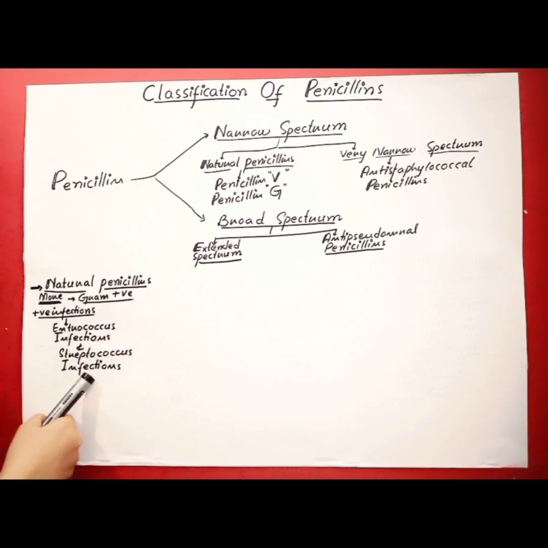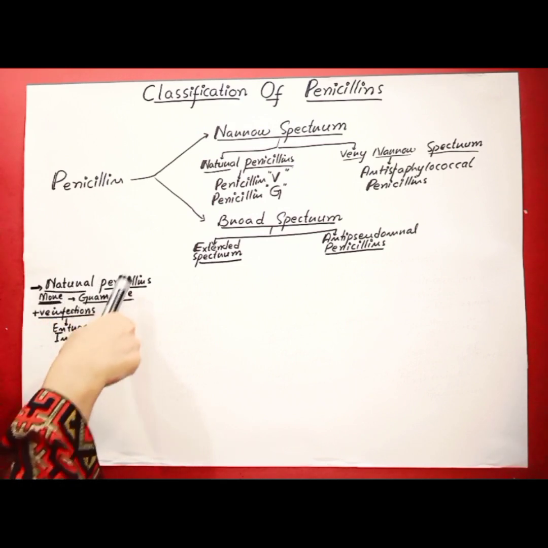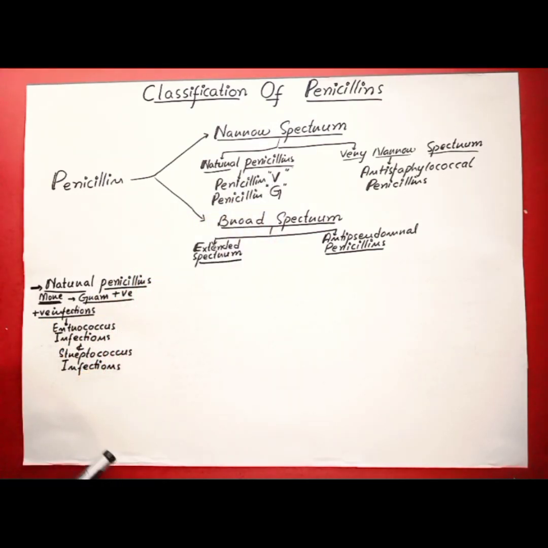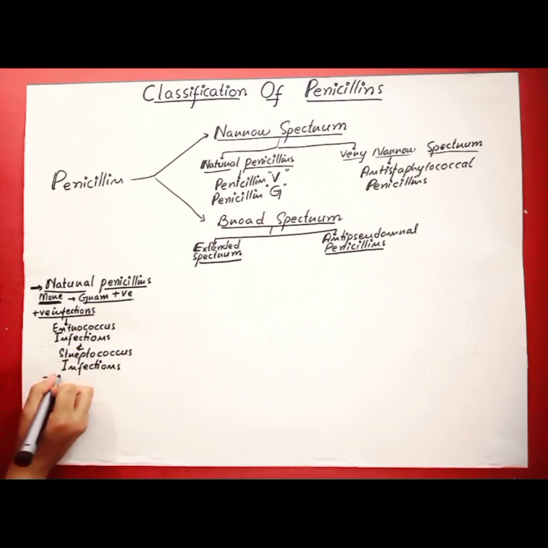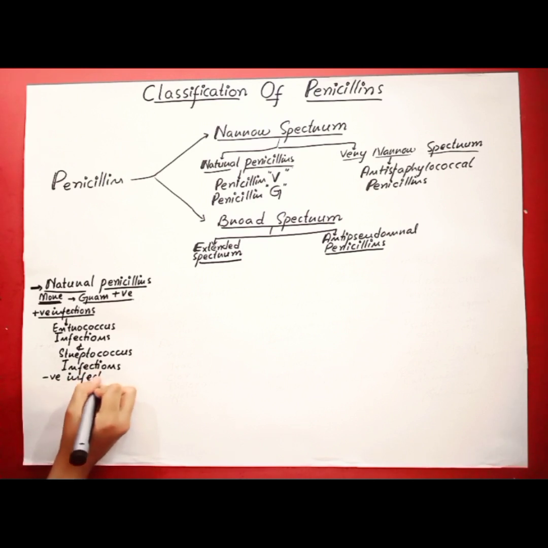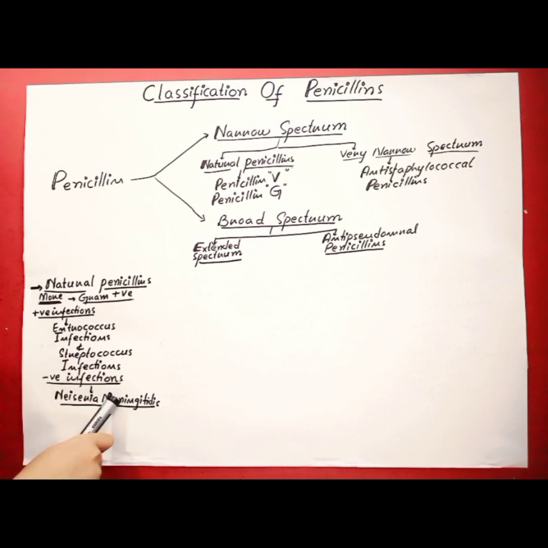These infections can be easily treated with natural penicillins, penicillin V and penicillin G. And the infections caused by gram-negative bacteria, like Neisseria meningitidis, can also easily be treated with these natural penicillins.